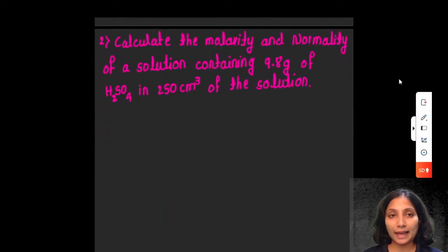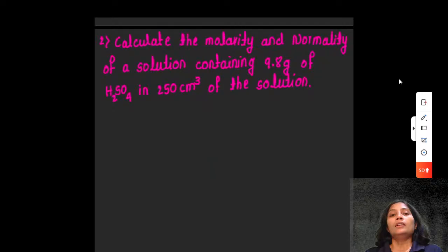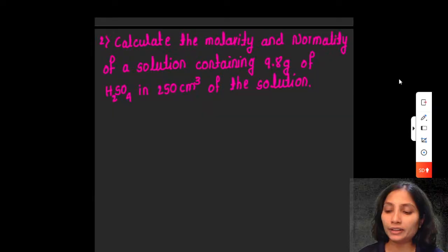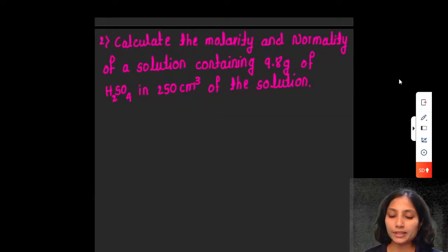Next, come to the second one. Calculate molarity and normality of solution containing 9.8 gram of H2SO4, that is sulfuric acid, in 250 cm cube of solution. First write the given things. What is given?